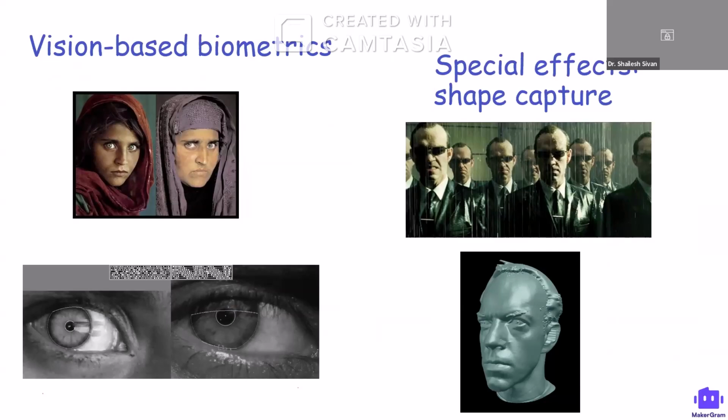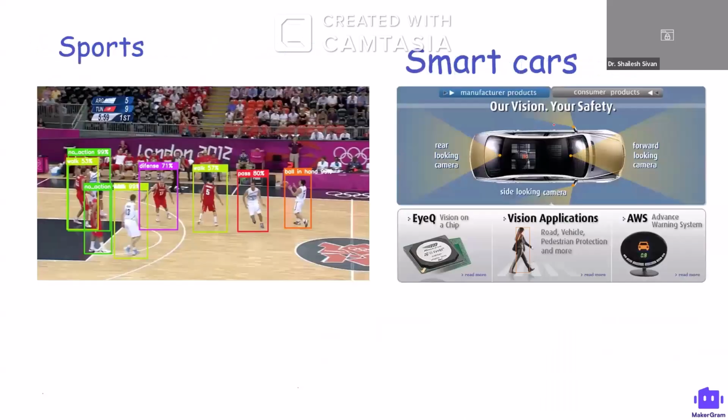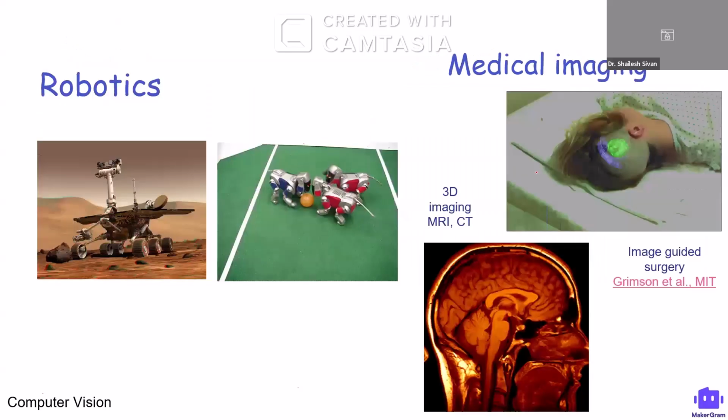Then we can create special effects with computer vision. We can see applications of computer vision in analyzing sport videos. We can see that the overall brain of an autonomous vehicle is the computer vision itself.